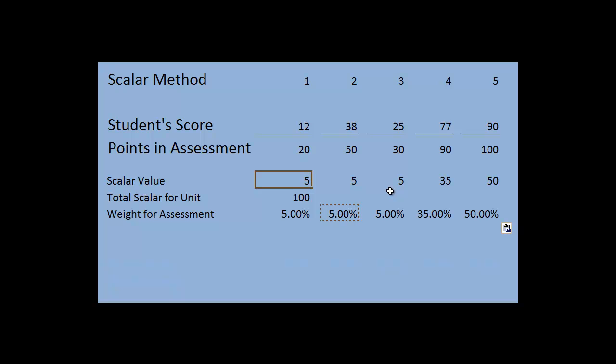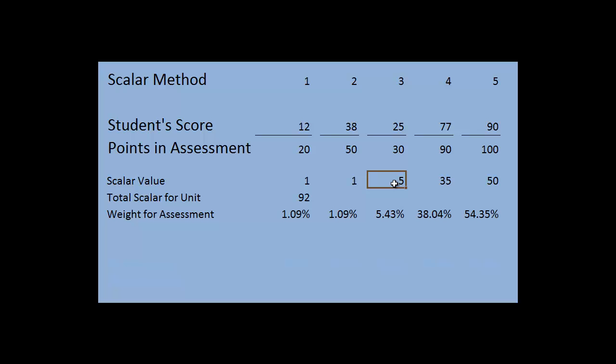So another way is just simply to take relativity. So maybe I say that the first assignment has a scale of 1 and the second assignment has a scale of 1 also. So we can see here how as I change those scale values, the total scale value is changing, and the weights of each assignment are dynamically changing based on the scale values that I assign.